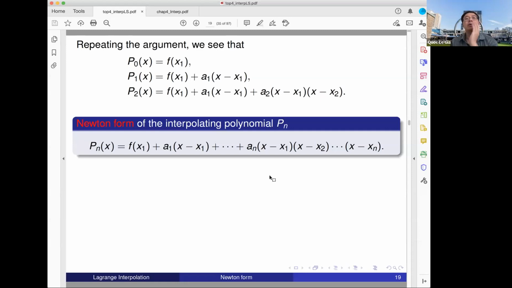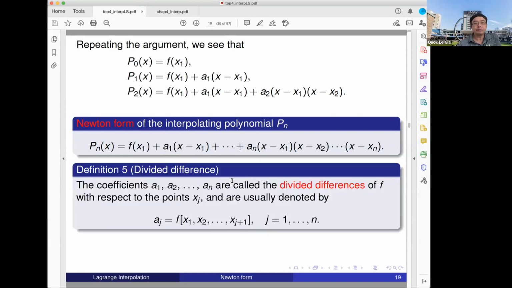Okay, so we start the lectures again. So now we agree that P0, P1, P2, and Pn have this form. And this one we call the Newton form of the interpolating polynomial. So now how do we find a1 up to an? Before we compute them, let's give some terminology.